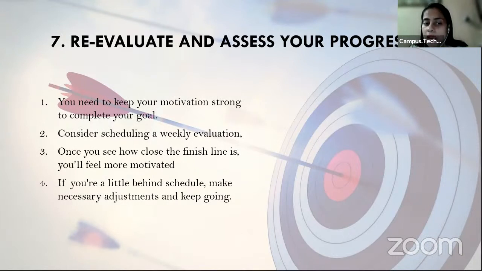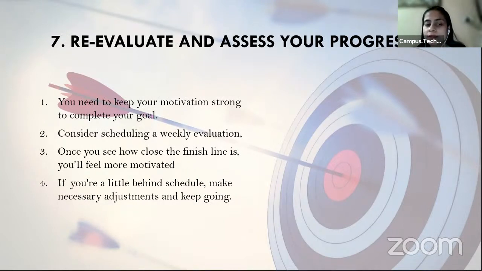Once you see how close the finish line is, you'll feel more motivated. There is one more reason to evaluate. The first reason is to check whether you are meeting the deadline or not. The second reason is, if you have reached close to your finish line, you will feel more motivated and work with double efficiency to accomplish that goal.